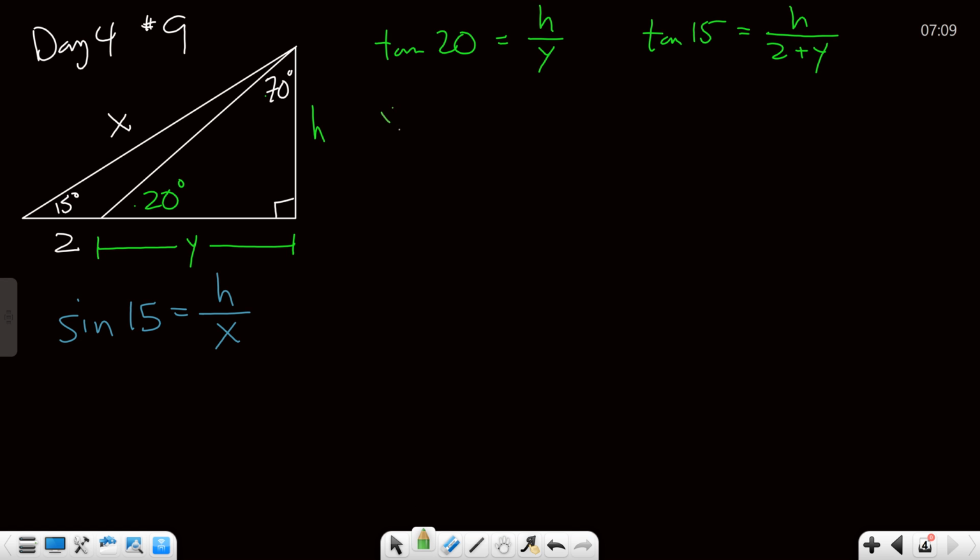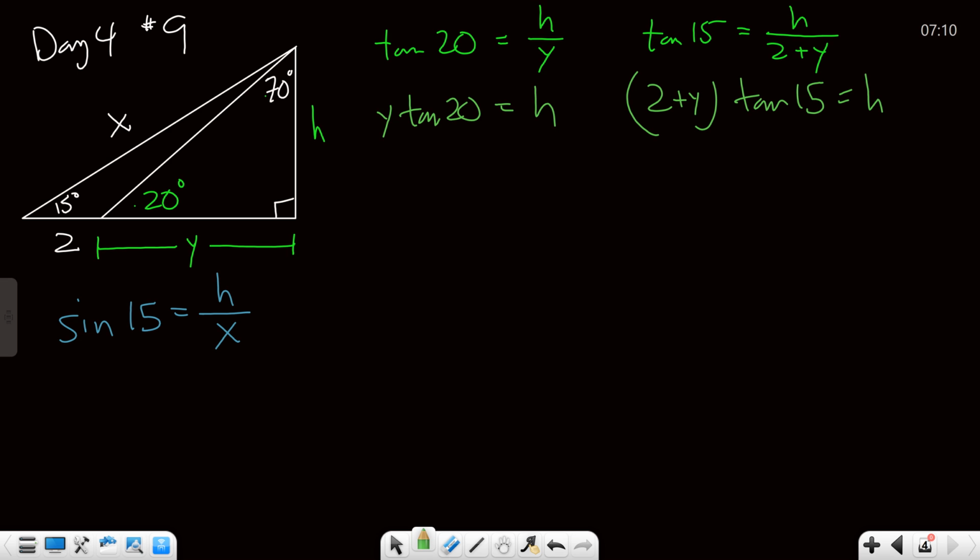So I go through the same process I went through before. y is equal to h times the tangent of 20. And over here, 2 plus y, don't forget the parentheses there, times the tangent of 15 is equal to h. I did this wrong again. This would be y times the tangent of 20 is equal to h.